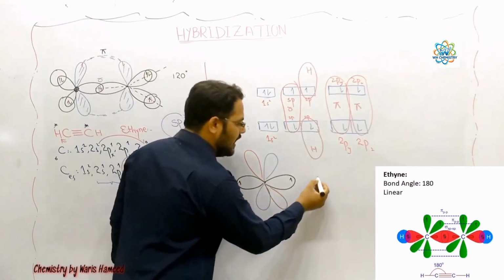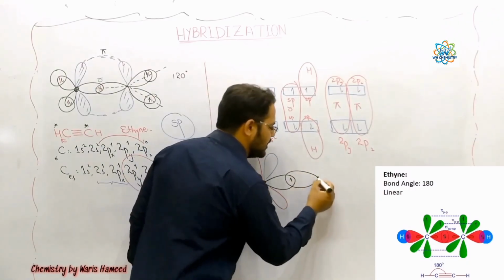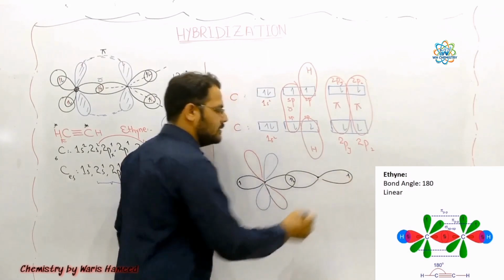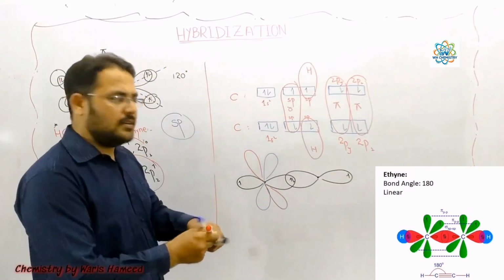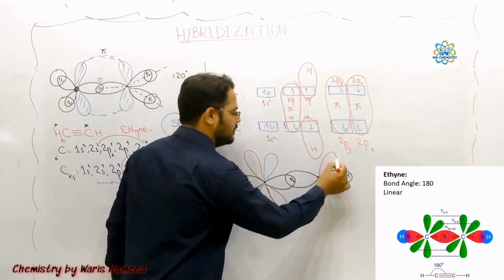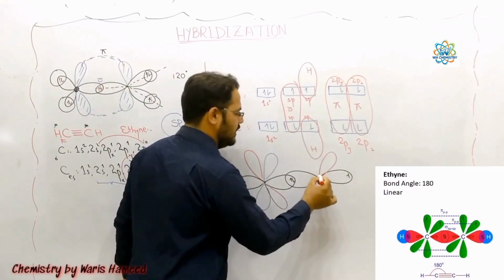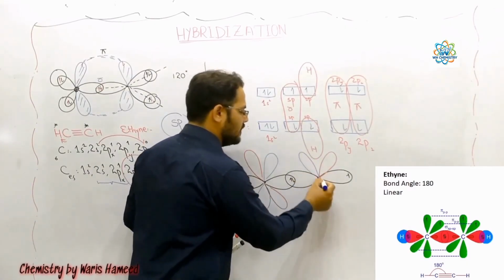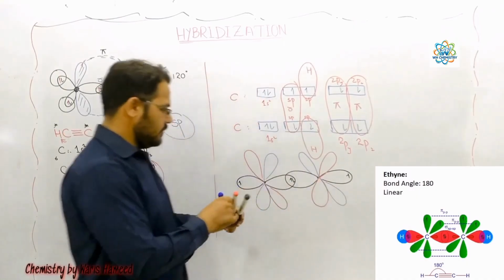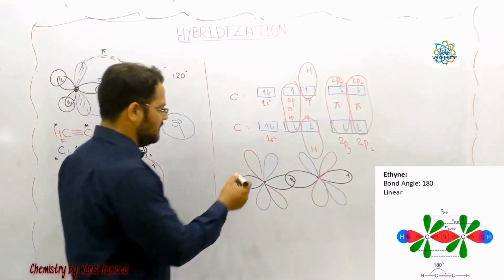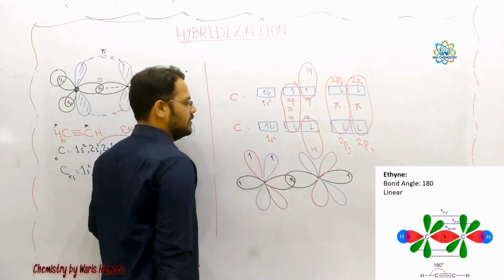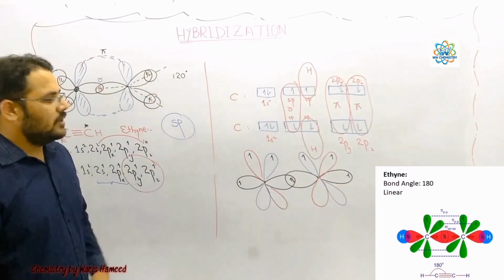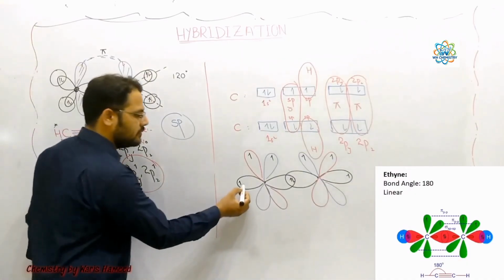Second carbon will have the same shape, and its orbitals are 2pz, and here will be 2py. These will have just one electron, and here will also be one electron. Now complete the hydrogens.